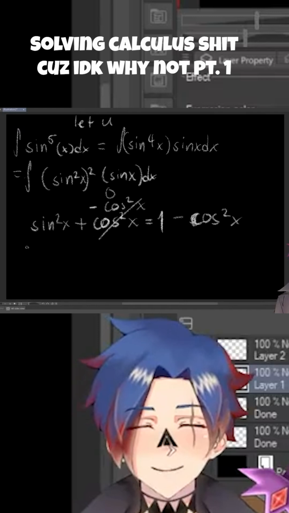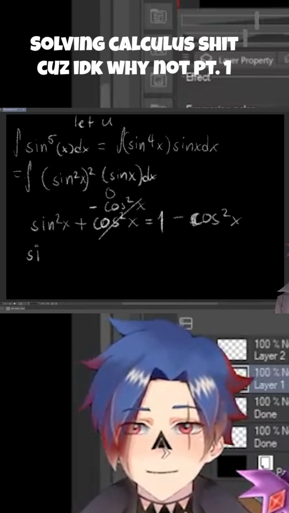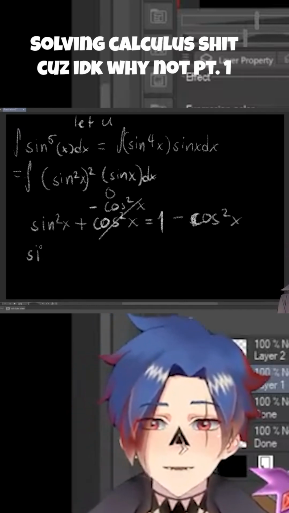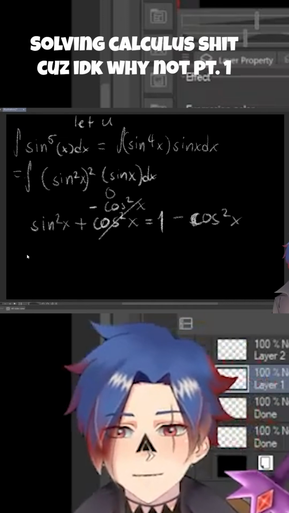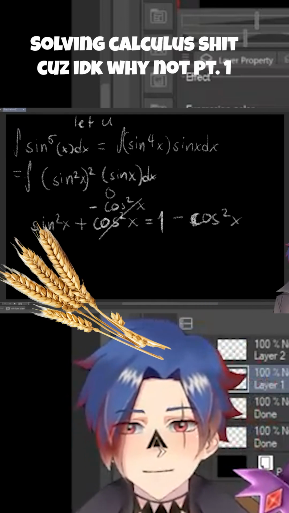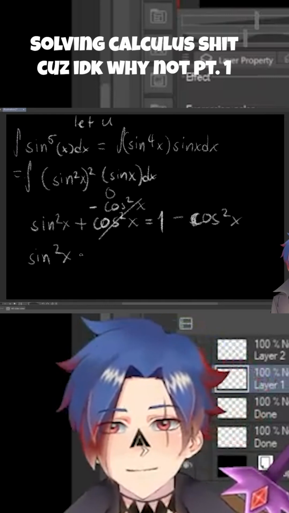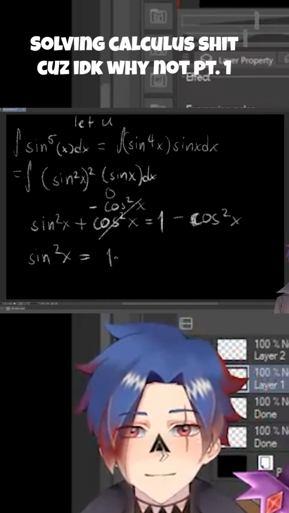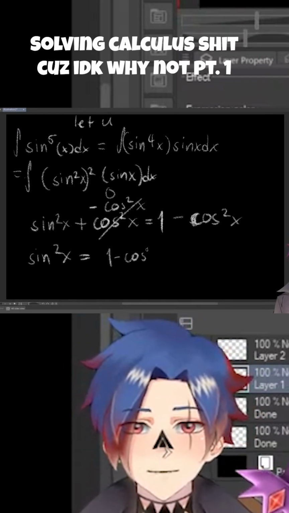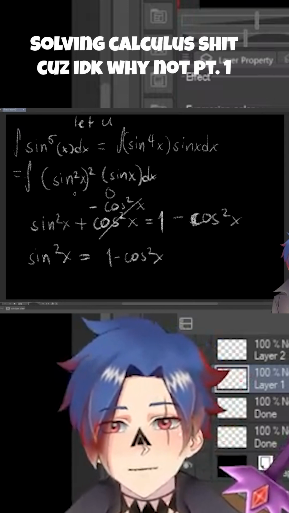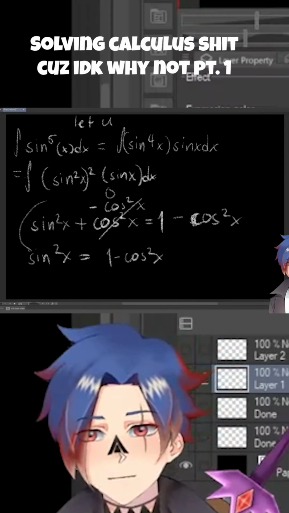So we already have the identity. This is a trigonometric identity. Okay, sine^2 x is equal to 1 minus cosine^2 x. So as you can see, these two are actually the same.